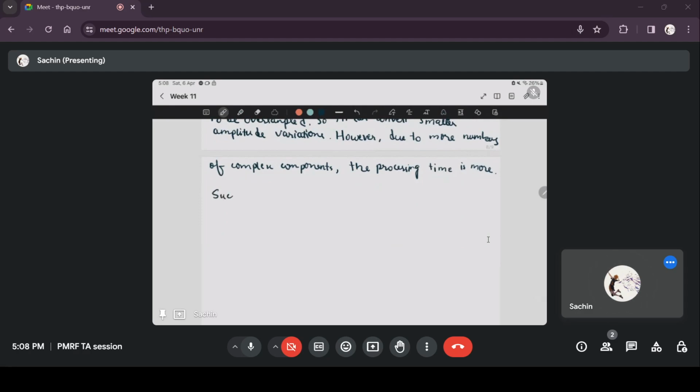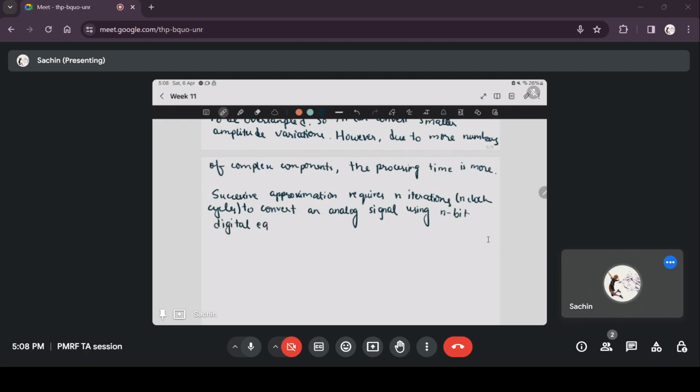Next, about successive approximation. It requires n iterations in clock cycles to convert an analog signal using n bit digital equivalent.